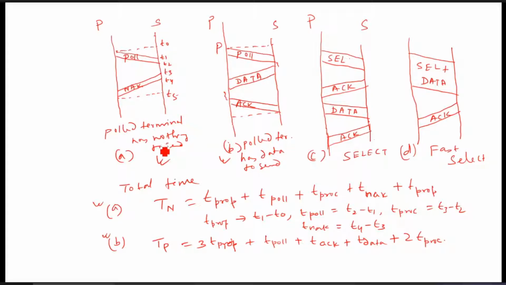Anyway, if it's clear, then you see for polling, there are different kinds of polling. The most common form of polling is roll call polling, that you know. One polling scheme is roll call polling. In this case, the primary selectively polls each secondary.